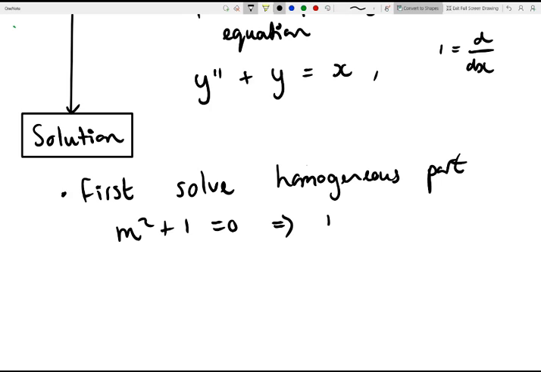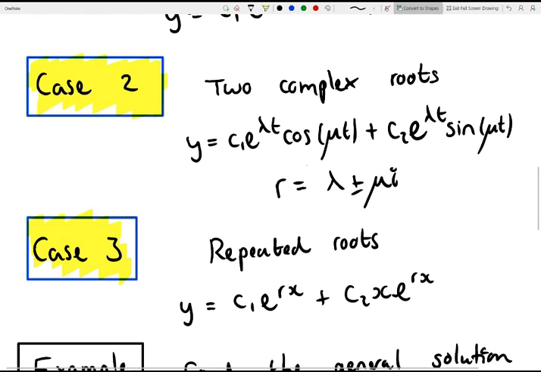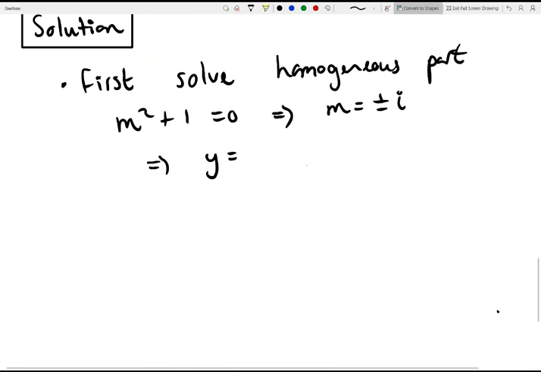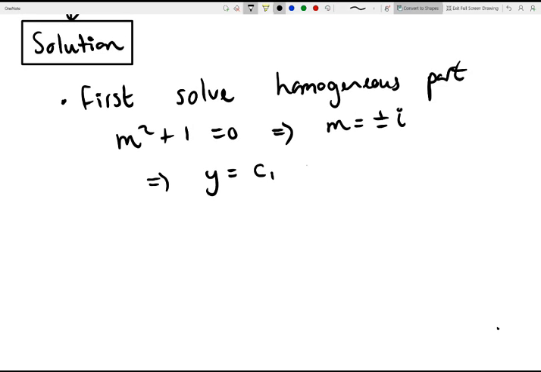So this implies that m is plus or minus i, which implies that our solution, when we refer back to our cases, we're in case 2, two complex roots. Okay, so we know that lambda is 0, so our solution is c1 times cos of x plus c2 times sine of x. Okay, and it's 1x because mu was 1. So that's the homogeneous part solved.